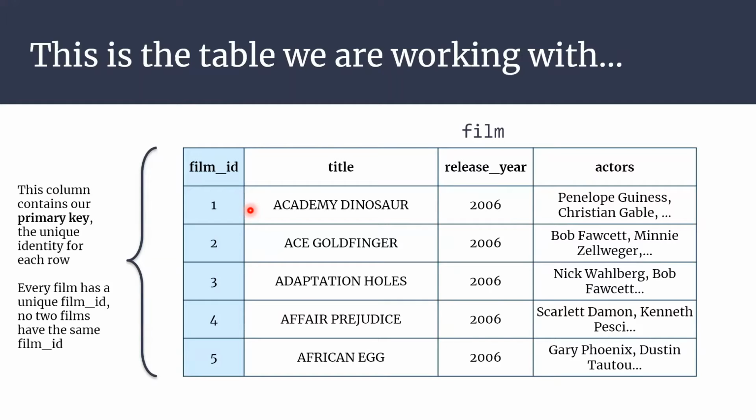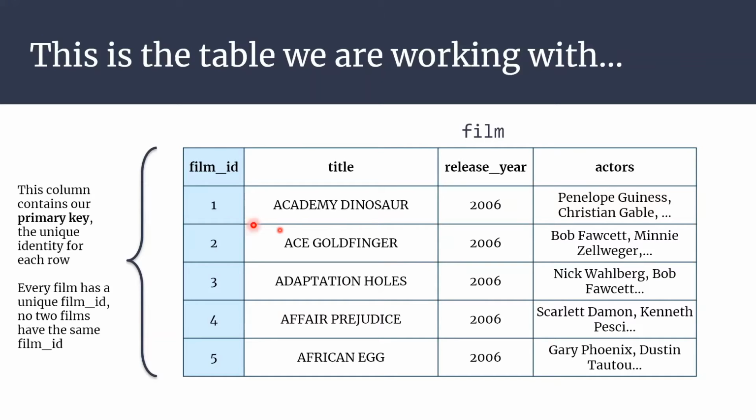Usually, even if you try to assign the same film ID to 2 films, the database will throw an error and say you can't do that. Most databases actually have that kind of functionality that prevents you from assigning the same primary key to 2 or more rows. So even databases protect against that kind of error.